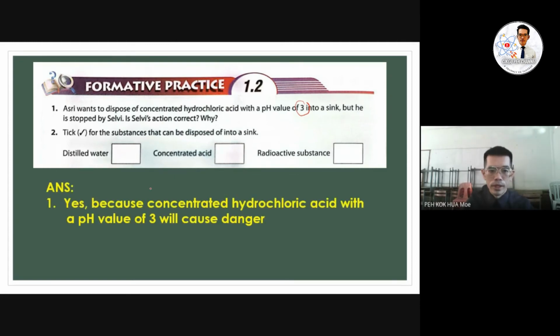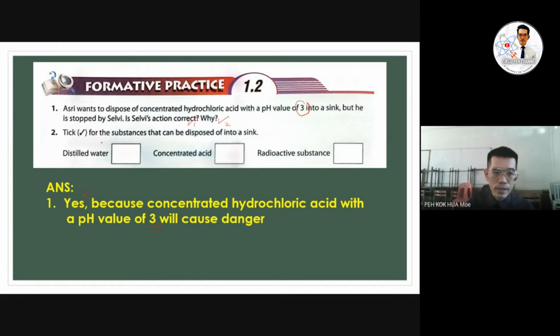First mark for the yes. Second mark, why? Because the concentrated hydrochloric acid with pH value 3 is dangerous, as it is considered a strong acid. As mentioned, we can dispose straight away of weak acid with a pH value of 5 or 6.